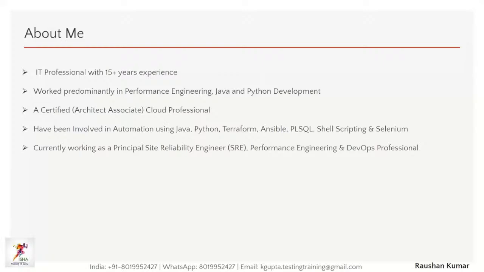That was one of the roles I took up for quite some time, 6 to 7 years. But nowadays I'm mostly into DevOps and SRE practices. I am the principal SRE with one of the reputed retail giants you can imagine, handling millions of users at scale and taking care of production reliability.